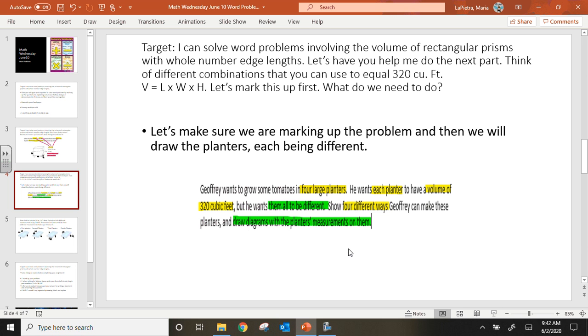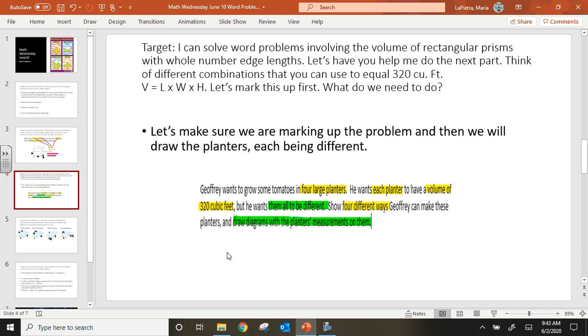So he wants you to have 4 different rectangular prisms looking like boxes, labeling your length, your width, and your height, okay, like this. And he wants 4 different combinations, but they all have to equal 320 cubic feet.